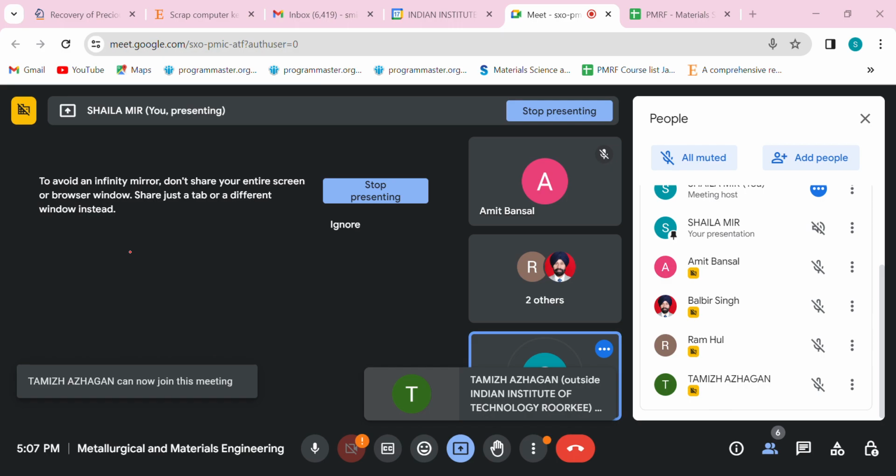For Rockwell, we have two types of indenters, based on what kind of scale you are operating. But for Brinell, I'll write here Rockwell.